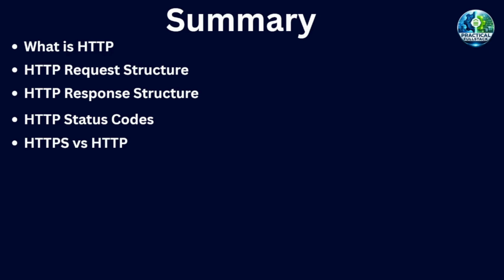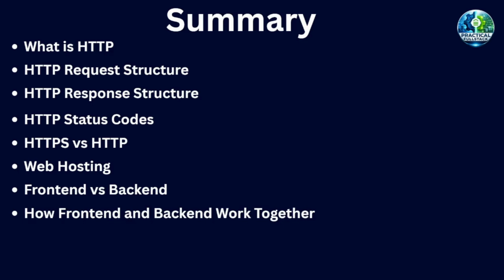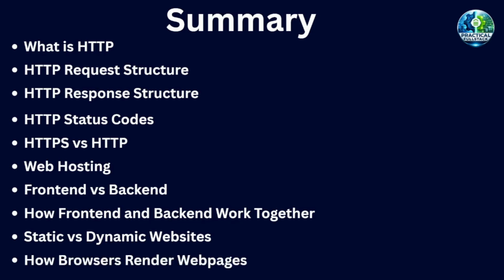Next, we discussed the difference between HTTP and HTTPS and how HTTPS secures communication using encryption. We also learned about web hosting, which allows websites to be stored on servers and made accessible on the internet. Then we looked at the difference between front-end and back-end and how they work together using a real example, a user login process. We also discussed the difference between static and dynamic websites. And finally, we saw how a browser renders a web page by processing HTML, CSS, and JavaScript to display the final web page on the screen.